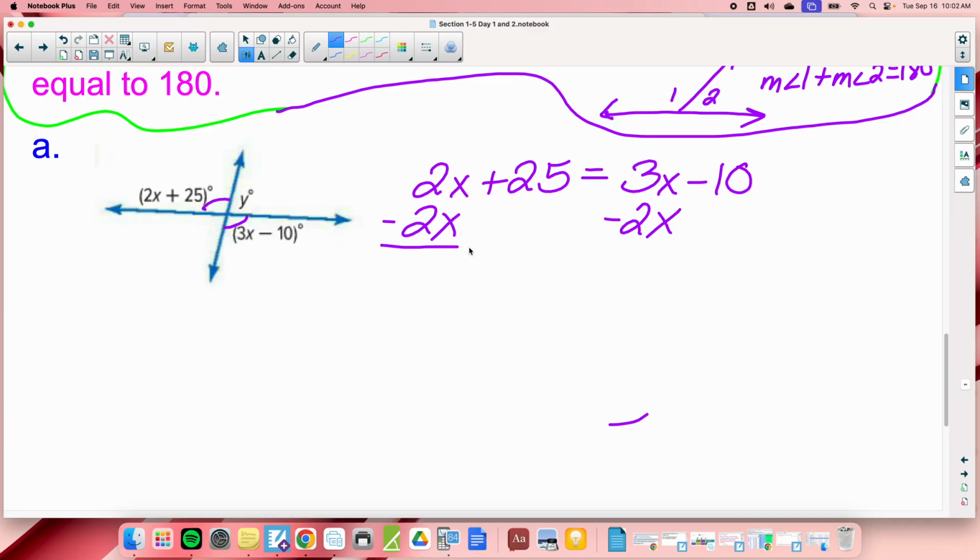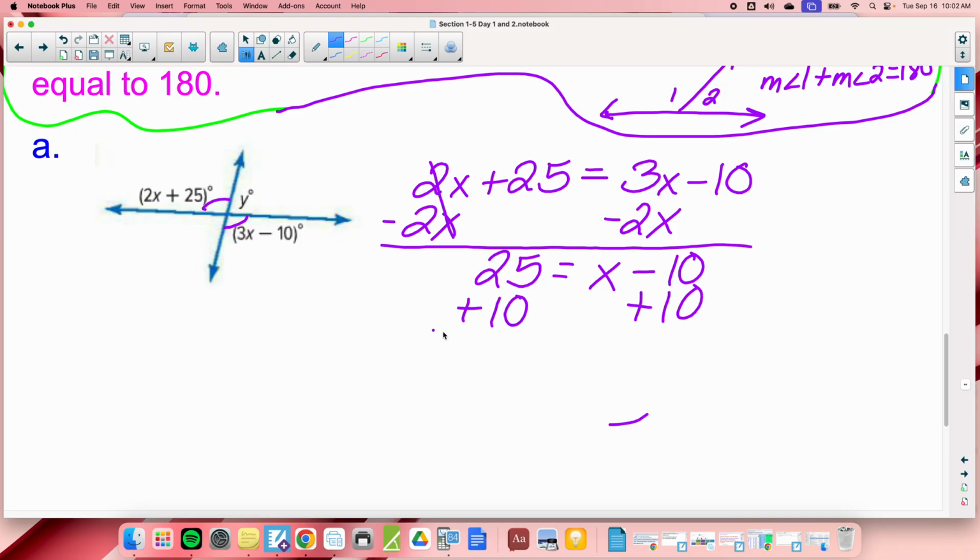And right now that 2x is positive, so we can subtract it. And then I get 25 equals x minus 10. Then I would add 10, and I would get x equals 35, okay?